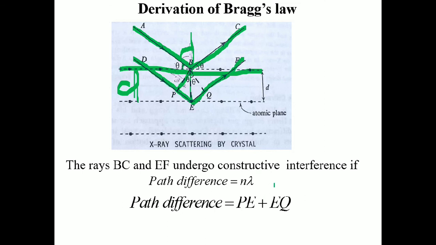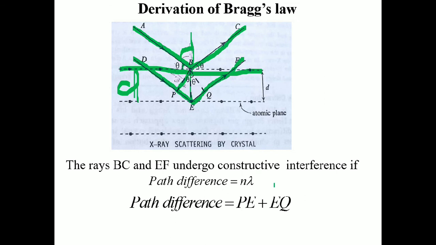So the path difference should be an integer multiple of the wavelength of the beams undergoing interference. For destructive interference, it is (2n plus 1) lambda by 2. That is not required here. We are concentrating on constructive interference because that gives rise to higher intensity. So basically the path difference should be n lambda.